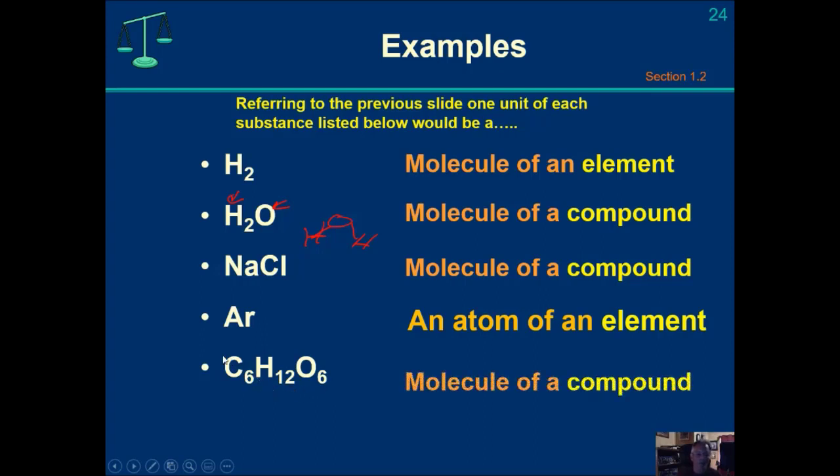Why is it a molecule? Because it's the smallest discrete unit of the compound. Why do we call it a compound? Because there are 2 or more different atoms. We've got carbon, hydrogen, and oxygen chemically bound together in a 6 to 12 to 6 ratio.